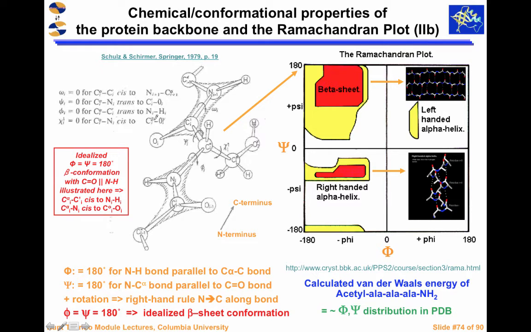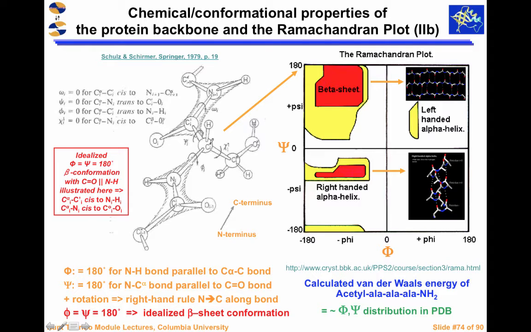So by this definition, for that to be 0, we would want this bond, the C alpha C bond, trans to the NH bond. And so what we want to do then is arrange the NH bond pointing horizontally to the left.